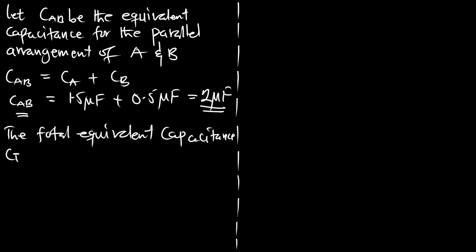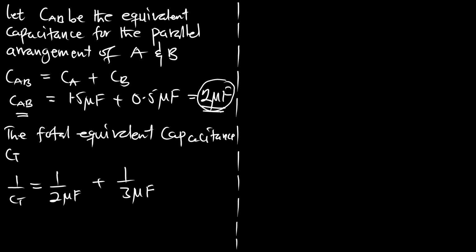Our CT comprises the 2 microfarad and the 3 microfarad, which are in series with each other, meaning our 1 on CT, which is the final equivalent, is going to be 1 on 2 microfarad plus 1 on 3 microfarad. And how are we going to get this?